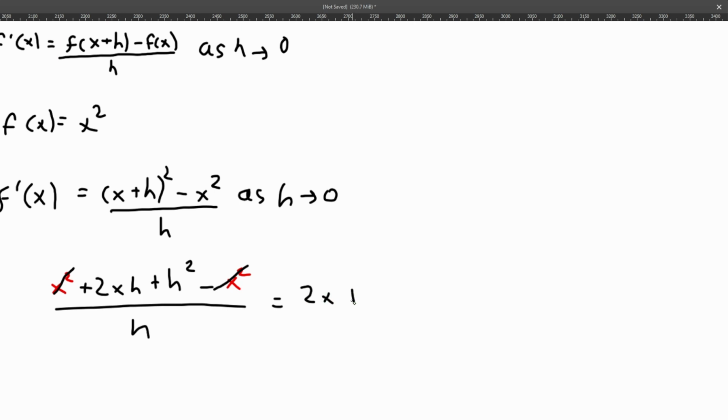So for some value of h that's non-zero, the estimated rate of change is going to be 2x plus h, and as h approaches 0, this value is going to approach the correct rate of change, which is 2x. So we say that the derivative of f of x equals x squared is 2x.